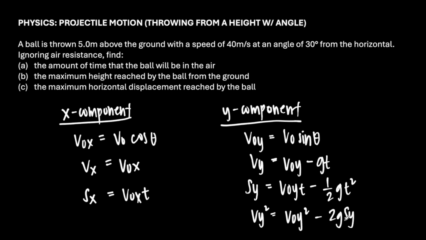So the ball is actually thrown from a height. Let's draw a height here, and then the ball will go from here. It will reach a maximum height, and then it will eventually fall down to the ground, right? It is thrown at an angle of 30 degrees.